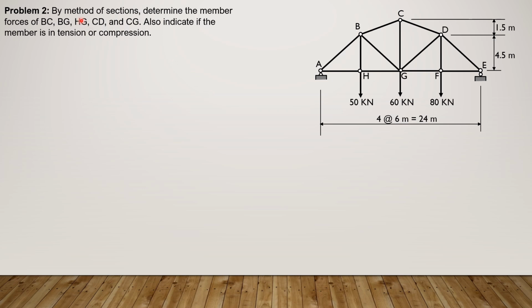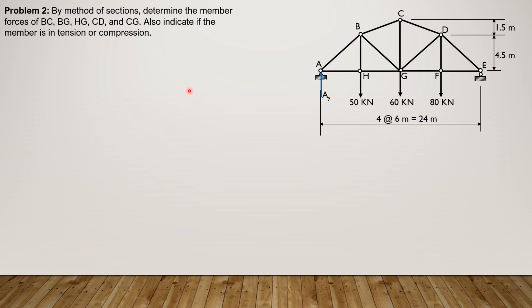However, let's stick to the instruction that we should only apply method of sections. But in your practice, you can actually combine method of joints and method of sections to facilitate the analysis of the truss.